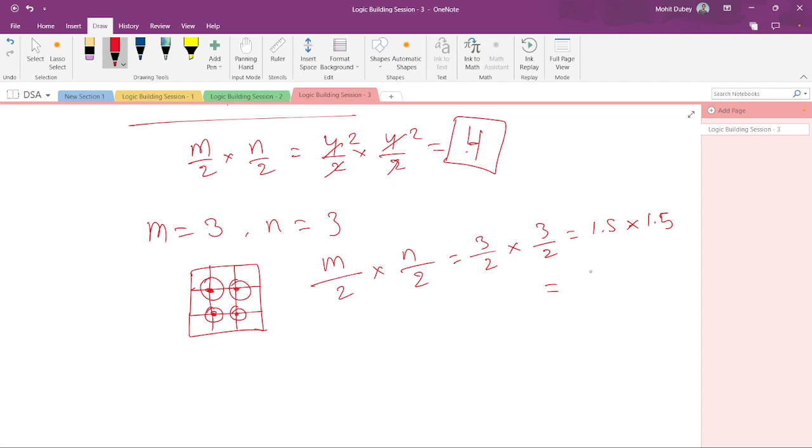Yeah, it is 225. Since it is 225, and we are having two dots, 1 and 2, so we'll be doing this. What I observed from here is that we are getting the wrong answers.